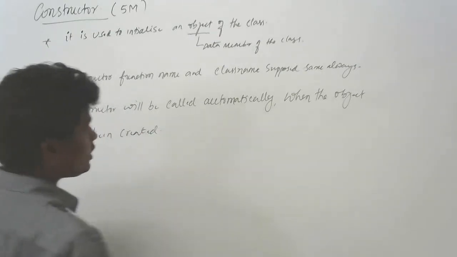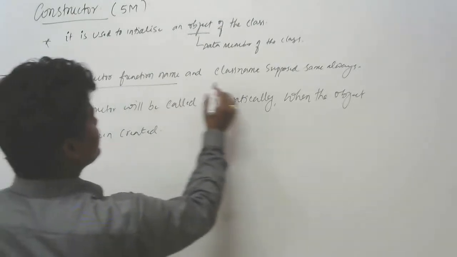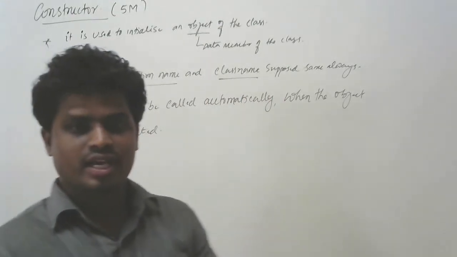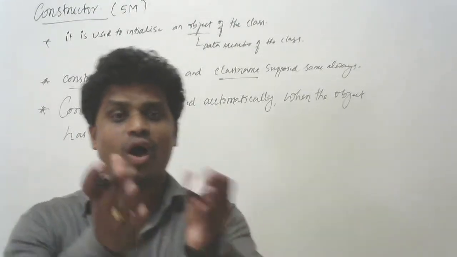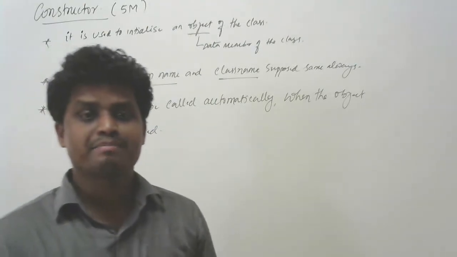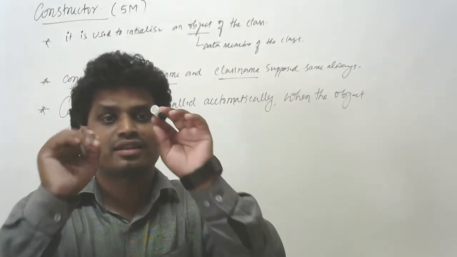Why will it be called automatically? Because the constructor name and the class name are both the same. How are you going to create the reference object? With the help of the class name only, right? So for that reason, when you call the class name, the compiler immediately calls the entire constructor body.